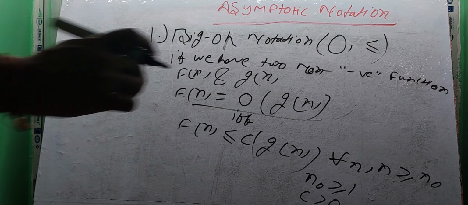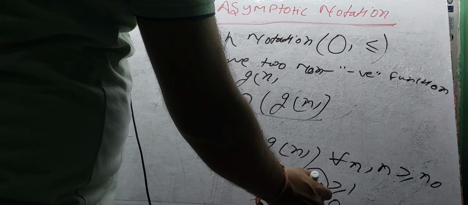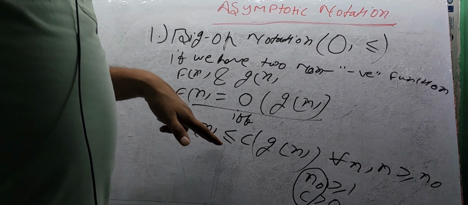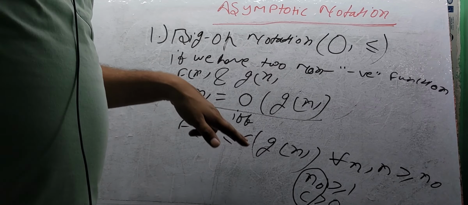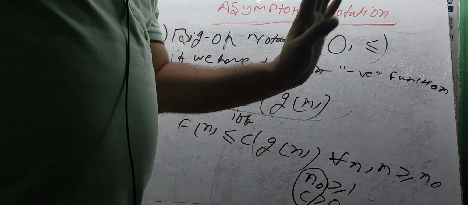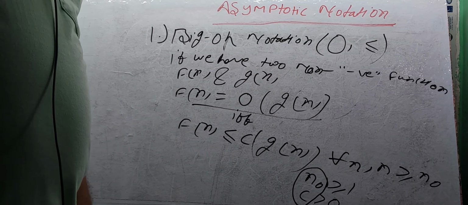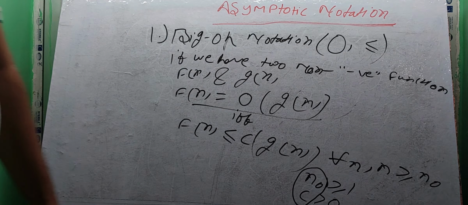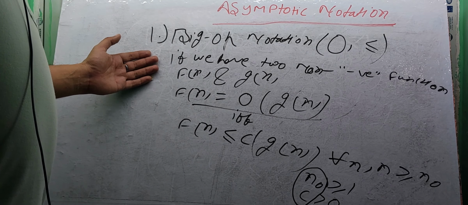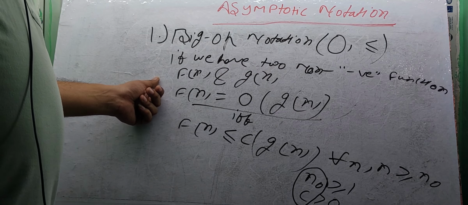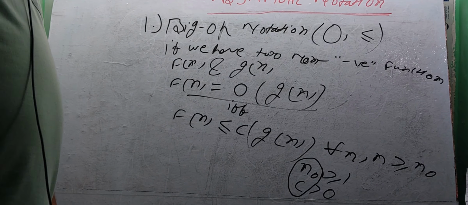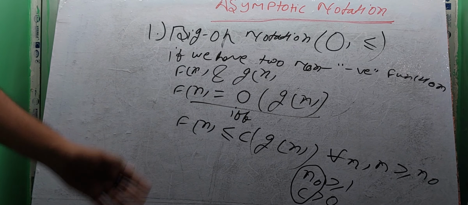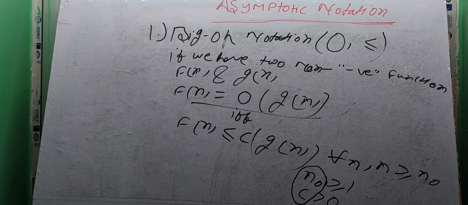And n naught and c are two constants, that f of n is lesser than equal to some constant dot g of n, for all n greater than equal to n naught. n naught and c are two constants. Maybe you all do not understand it at this time, but when we discuss some examples, then it will be easy and clear to all of you.